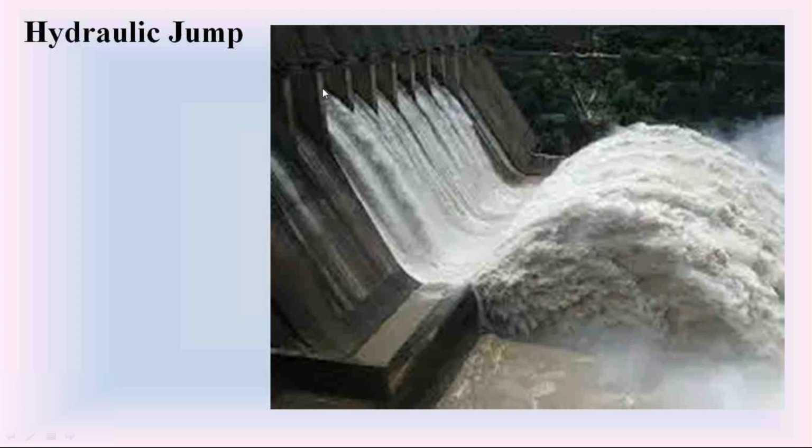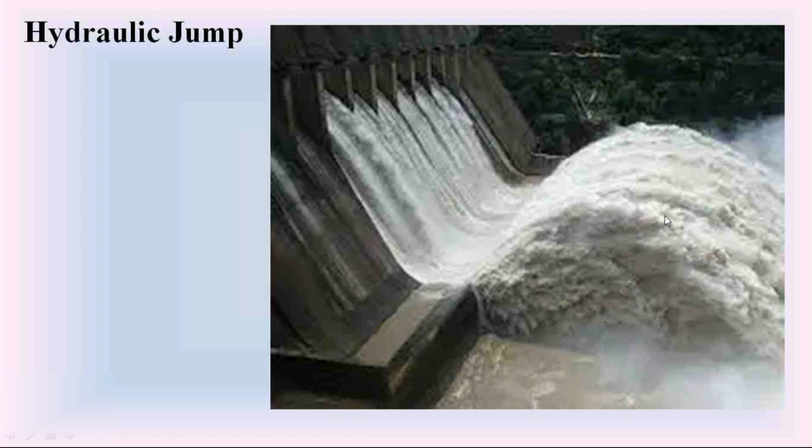When the water is flowing from the upstream of the dam through these spillways, at the downstream of this dam you will get a phenomenon called hydraulic jump. This mechanism at the downstream of the dam is called hydraulic jump.